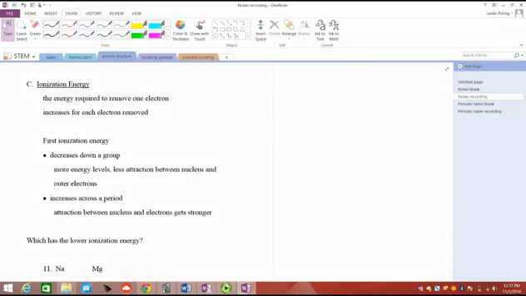Now, ionization energy. The energy required to remove one electron. It increases for each electron removed. This is important for metals because they lose electrons to form ions.